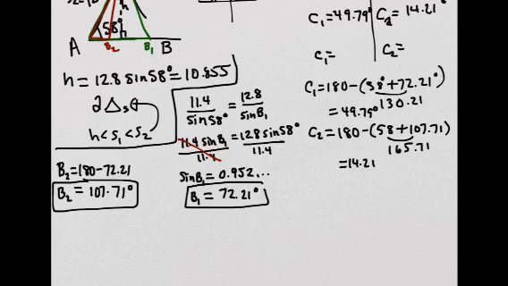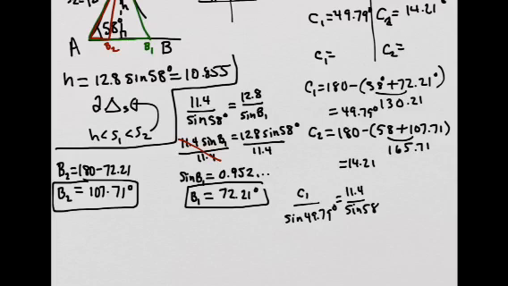Let me just set it up like this first. C1 over sine of 49.79 equals 11.4 over sine 58.